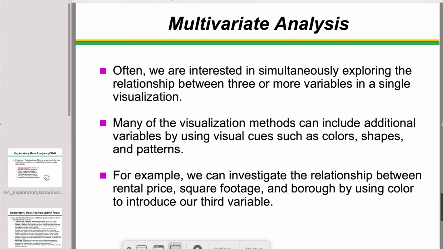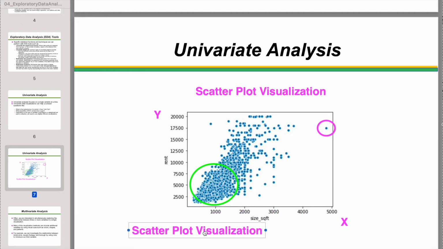What's happening here? Scatter plot visualization, it's easy for us to tell that most of the objects in our database are in here where the green circle is.